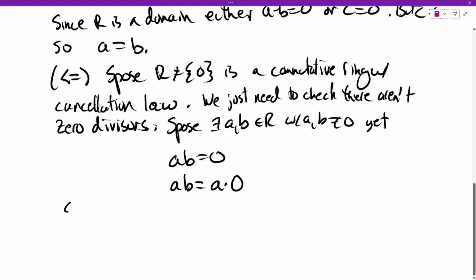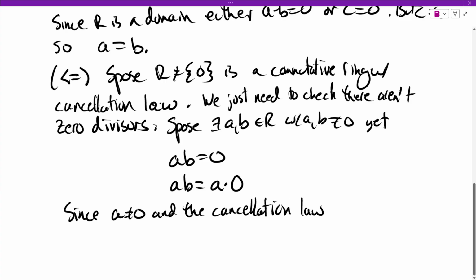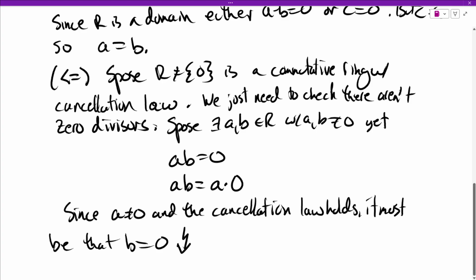And since A is not 0, and the cancellation law holds, it must be that B is 0. But B is not 0, and that's a contradiction, right? Up here, we're contradicting B being not 0.